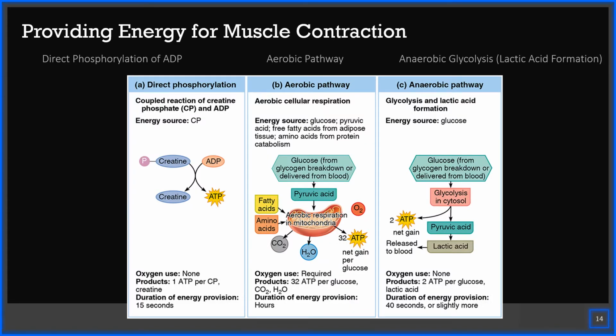Now let's talk about the three different pathways that provide energy for muscle contraction. The first, seen all the way to the left, is direct phosphorylation of ADP by creatine phosphate. The unique high energy molecule creatine phosphate is found in muscle fibers, but not any other cell type.